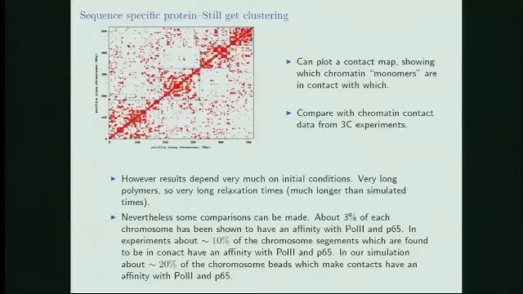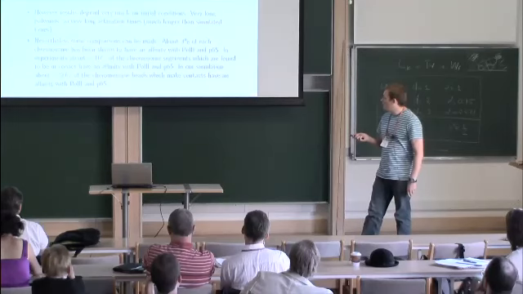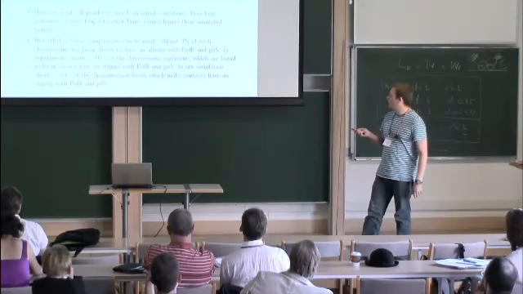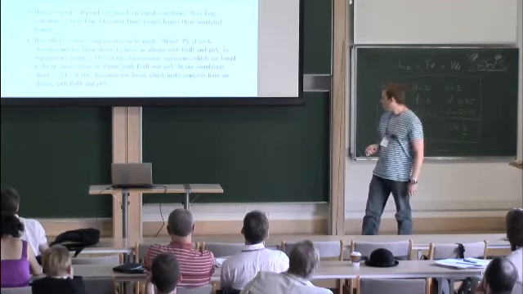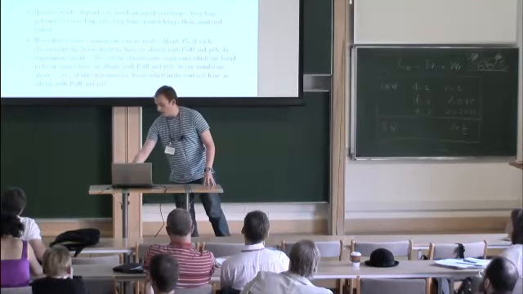And if you look at the chromatin which is involved in the clusters, so the parts of the chromatin which are in contact, and you look at how much of that chromatin likes to bind to these two proteins, then in our simulations we find about 20%, so it's enriched for the chromatin which is involved in the clusters. And this is also the case, although to a lesser extent, in real chromatin. So there's a qualitative comparison there.